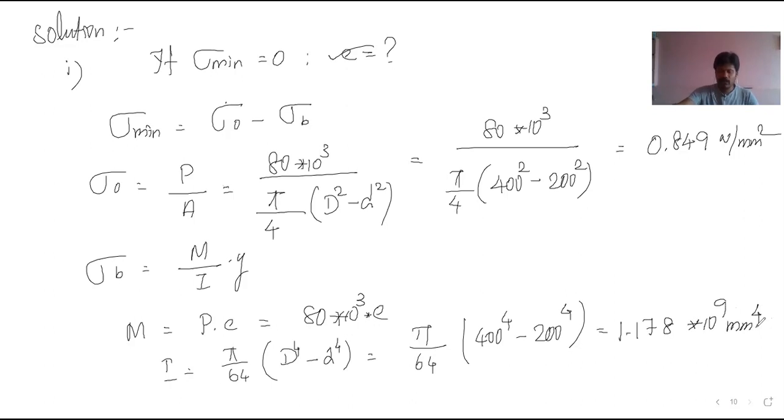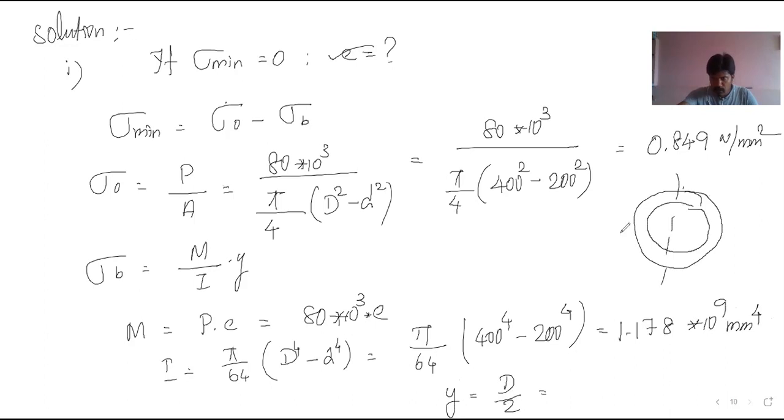So this is the value of I. Now y is equal to capital D by 2, since it is a hollow circular section. From the neutral axis, what is the value of the extreme fiber distance? That is nothing but y, equal to D by 2. So if I put this, I get 200 mm as my y value.